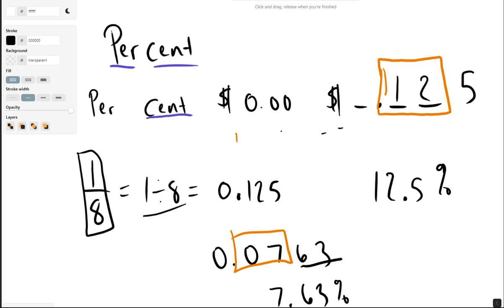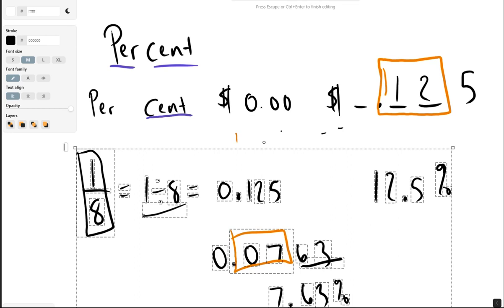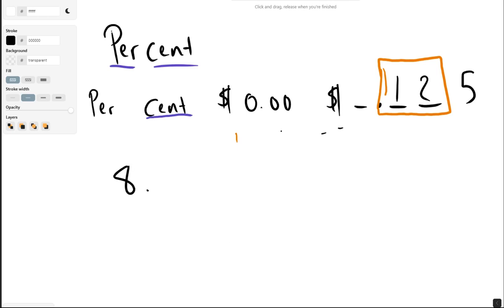I guess I could give you one more example of working backwards from a percent. So let's give you that example. Let's say you see 8.34%. Just think cents. Just think this is 8 cents.